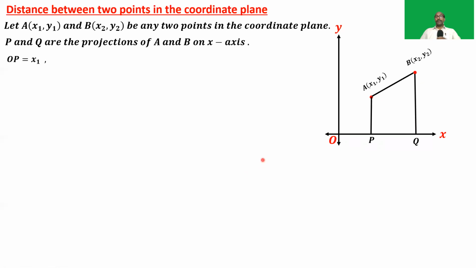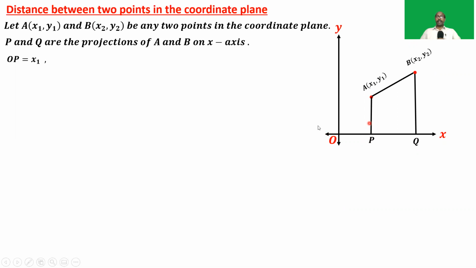Now, OP, the distance from A to x-axis, is equal to its y-coordinate. AP is y1 and OP is x1.